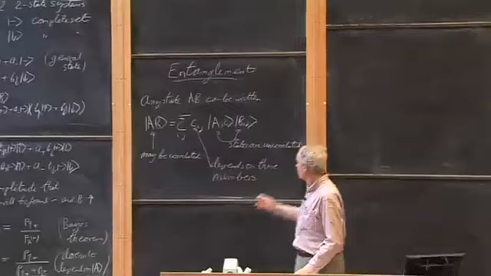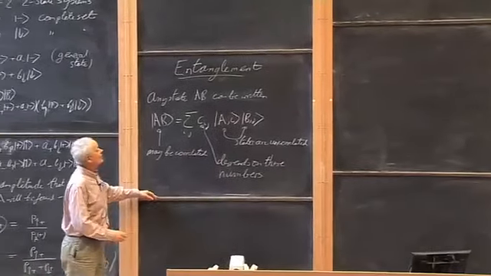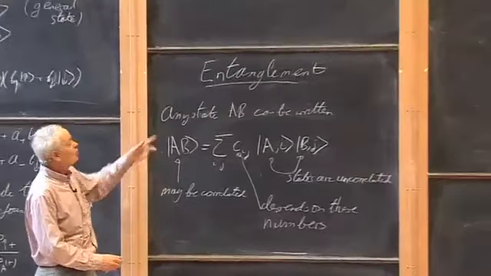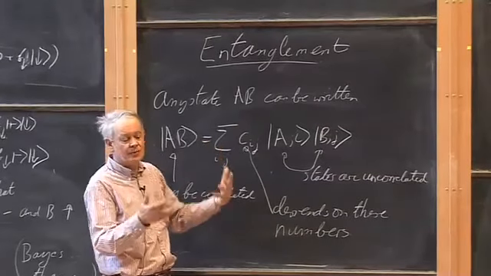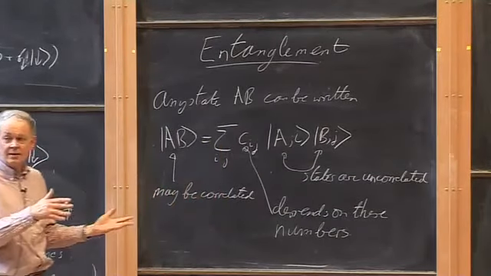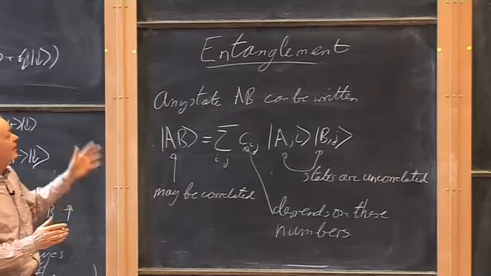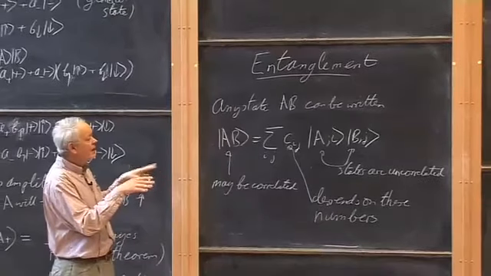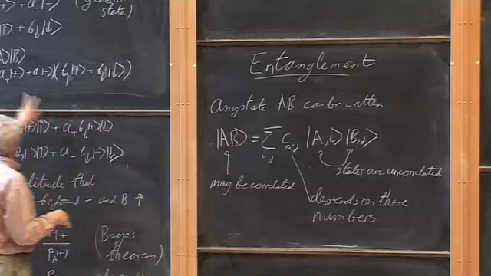So correlations go in like that. And in quantum mechanics, when you say that two systems are correlated, you usually use the word entangled. Entangled is just the same thing. It's just quantum mechanical jargon for correlated. And what it means is if a compound system of two subsystems is entangled, the state of the compound system cannot be written in that form.